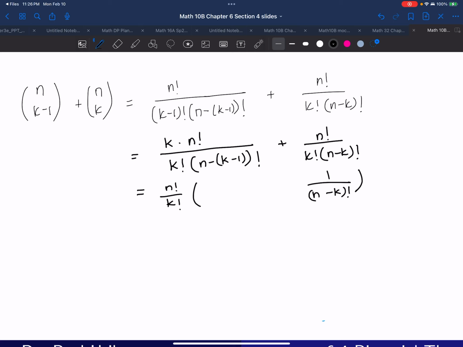On the left-hand side, I'll have a k in the numerator, which comes from this. And in the denominator, this is going to be n minus k plus 1. So I can rewrite that as n minus k plus 1 times n minus k factorial.